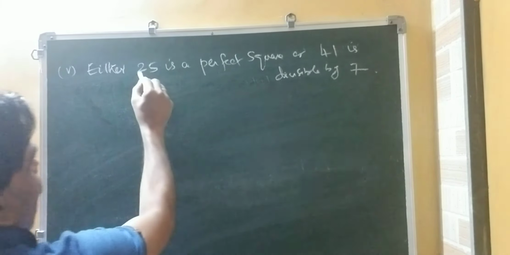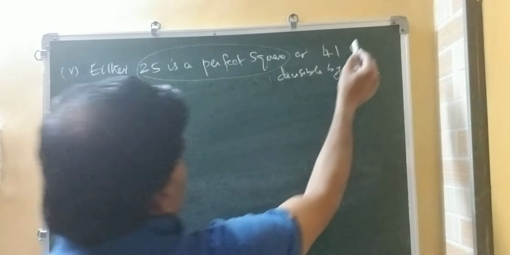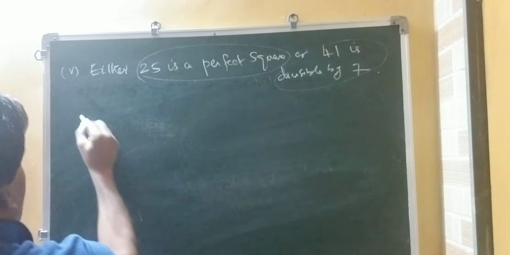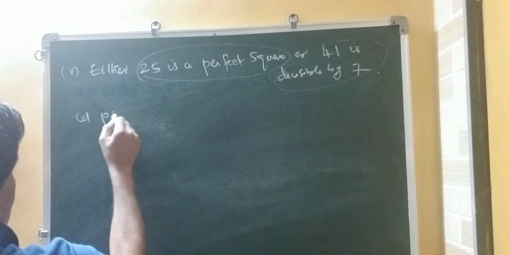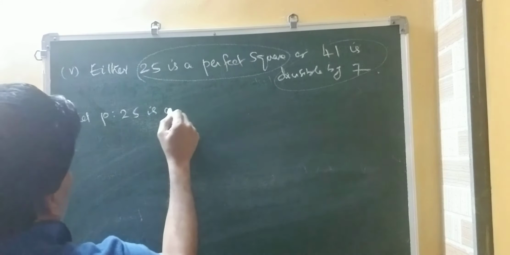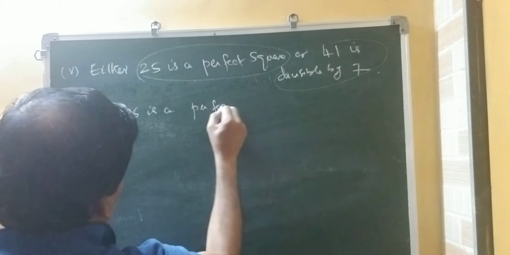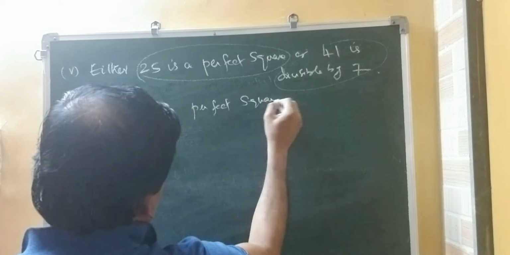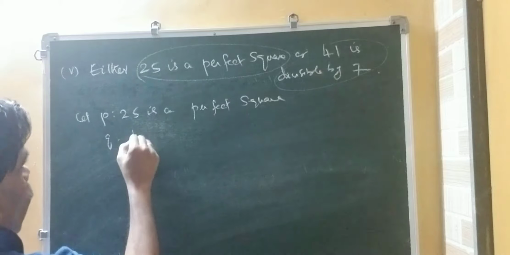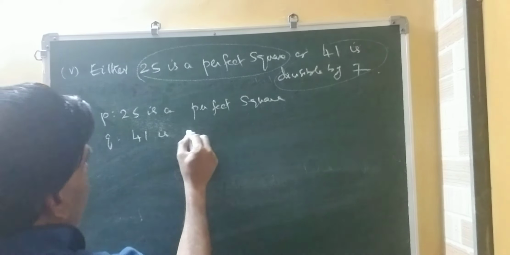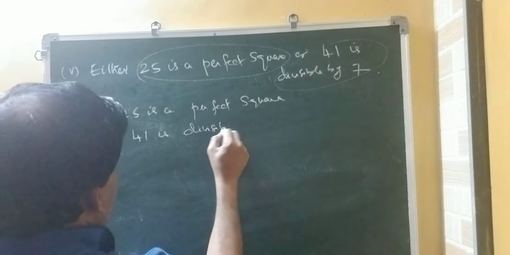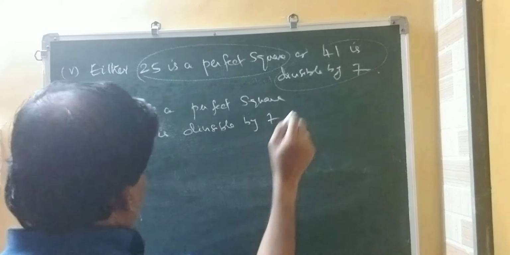So there are two statements. 25 is a perfect square, 41 is divisible by 7. Let P: 25 is a perfect square. Q: 41 is divisible by 7.